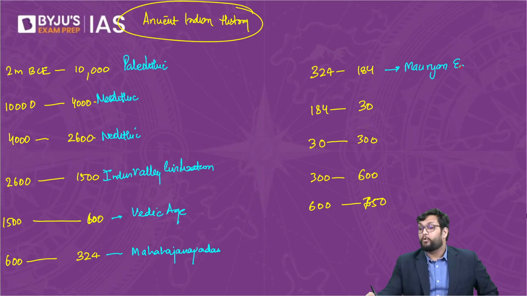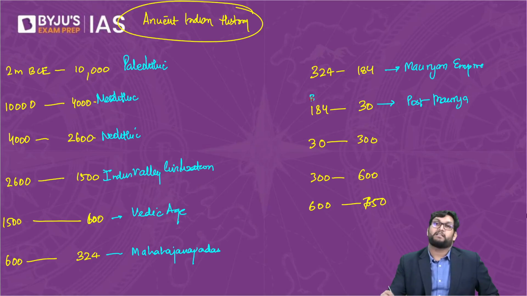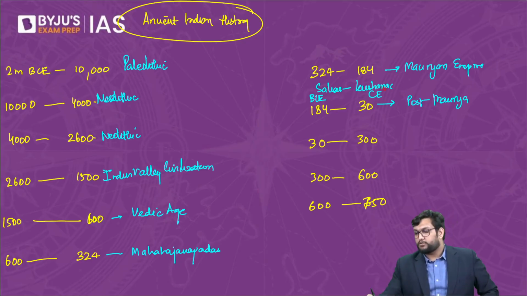This is called post-Maurya. And basically, the BCE to CE transition happens between Shakas and Kushanas, the two dynasties which are there. This is called the Kushana and Satavahana phase. This is called Gupta. This is called post-Gupta.